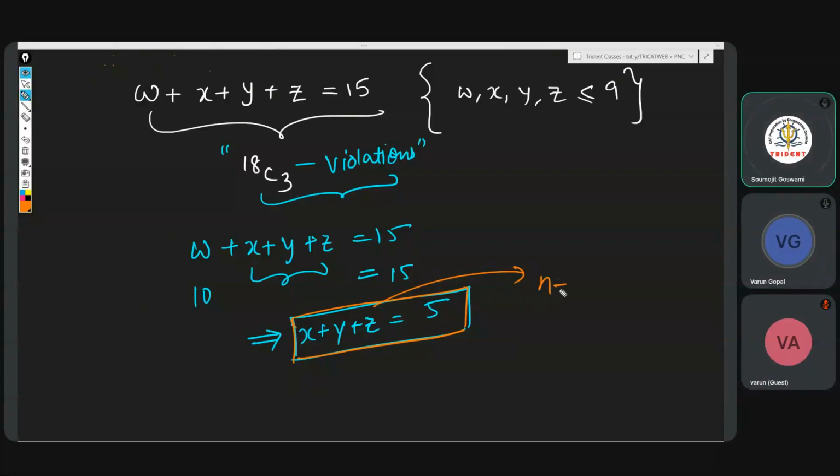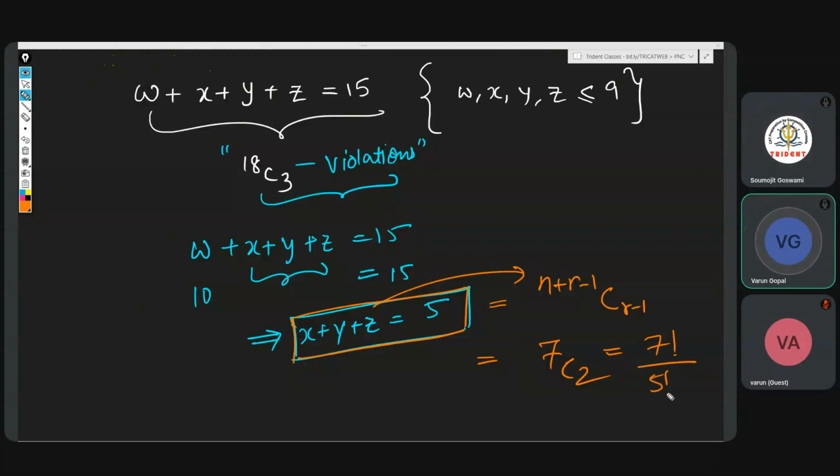Now, how many violations? Use the formula n plus r minus 1. This is the formula for the partitioning that we have studied. The violations will be 7C2, which is 7 factorial by 5 factorial into 2 factorial.